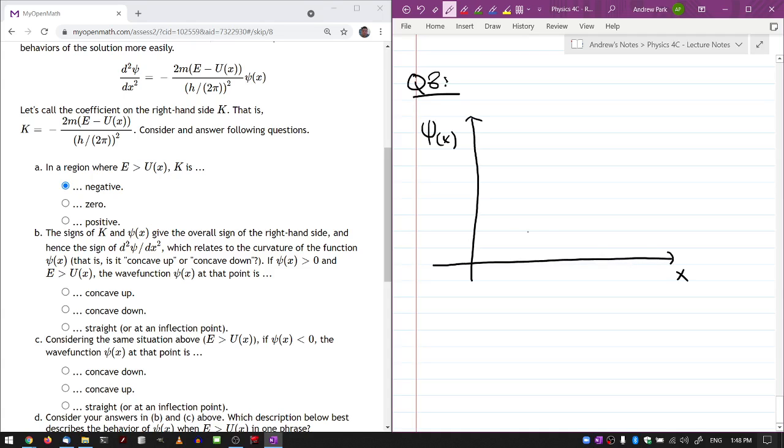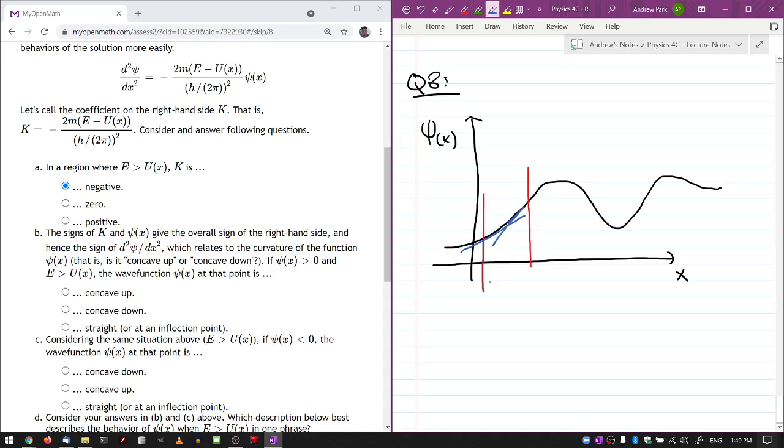In this region, for example, the slope of the function, so let me draw a tangent line here, is changing upward.